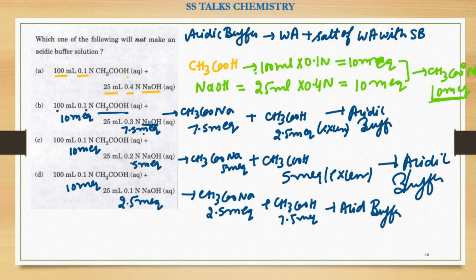That means it is option A where the acidic buffer cannot be formed.